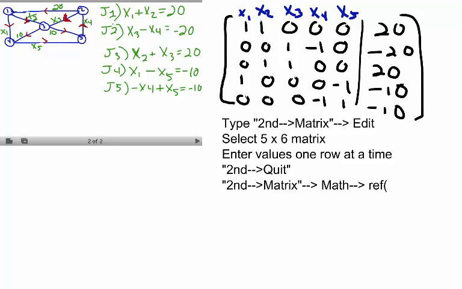Next, you'll press enter to select row echelon form, and then second matrix, and if you used matrix A, you'll highlight matrix A and press enter. Once you select matrix A, or whatever matrix you were using, press enter, and you should get the result, which I'll write on the following screen.